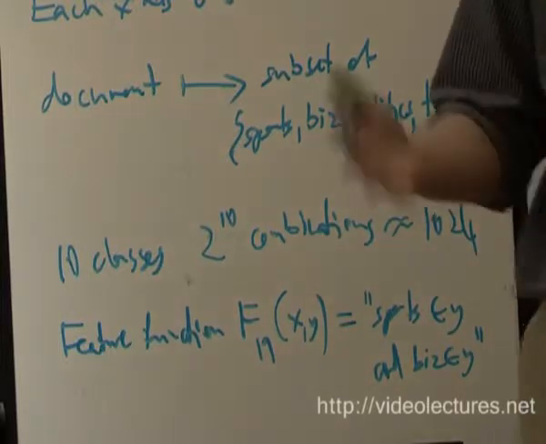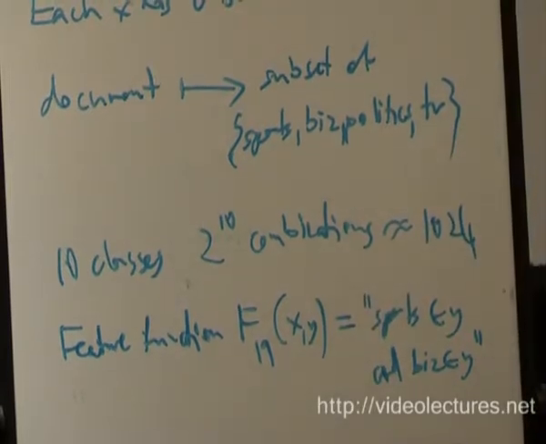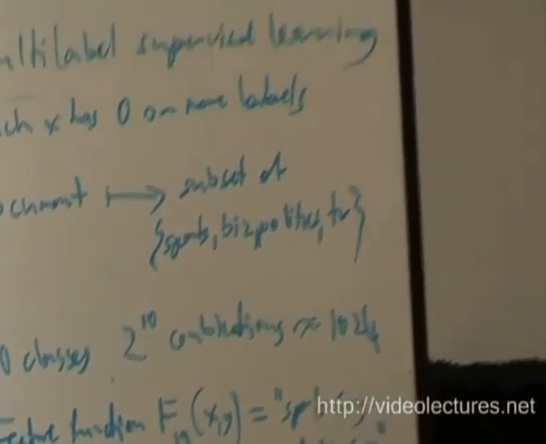If you were using a log linear model with feature functions, really the key thing is that if you were using feature functions to attack this multi-label problem, then you can directly learn correlations between the different parts of your class. And that's why I used the words structured input, structured output.